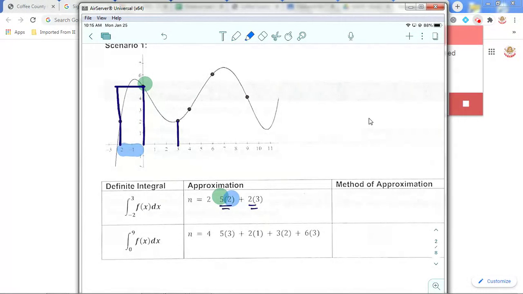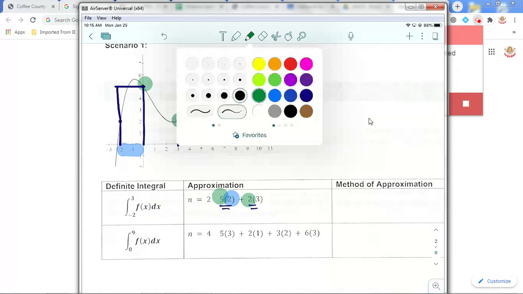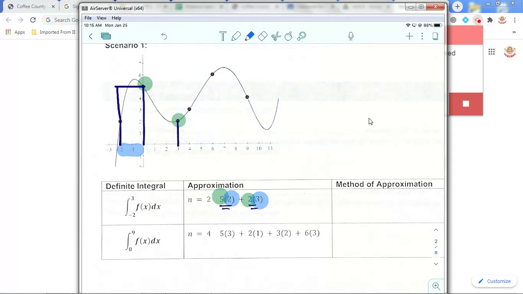Then for the other rectangle, this 2 is this height, and this 3 should be this width, and it is. Then we have to figure out if that's right or left. Looking at the way we've drawn the rectangles, the right corner of the rectangle is sitting on the curve, so that's going to be right.